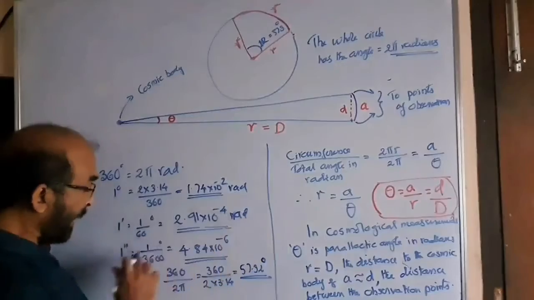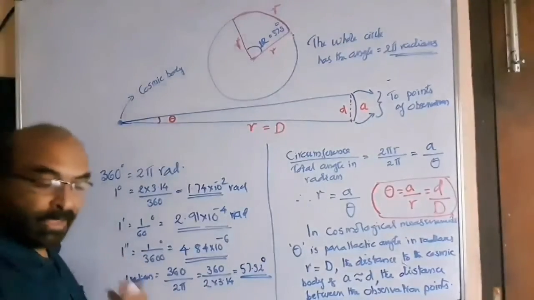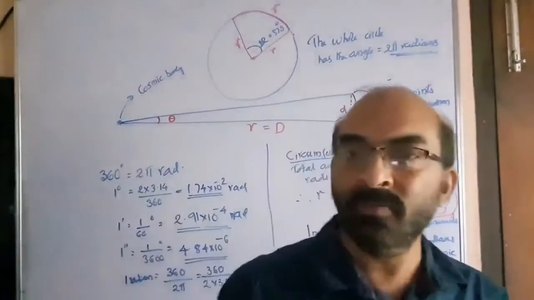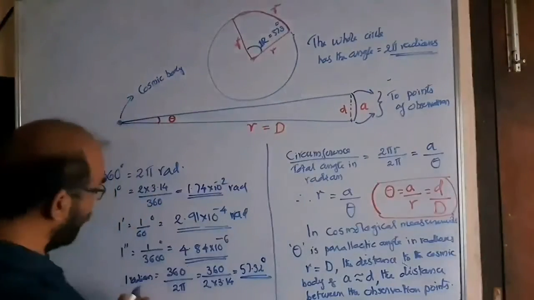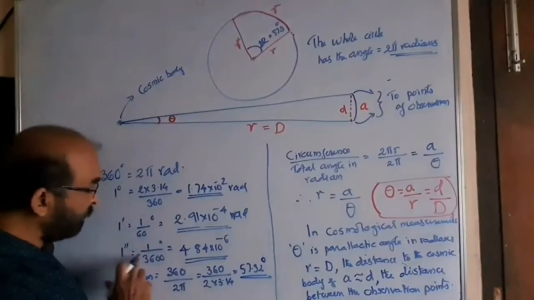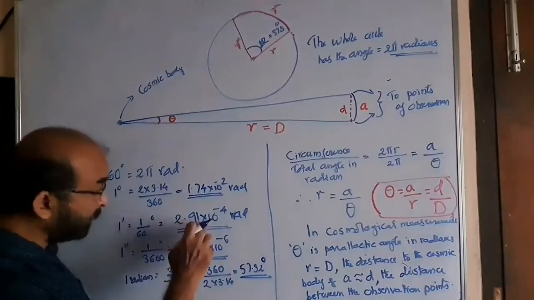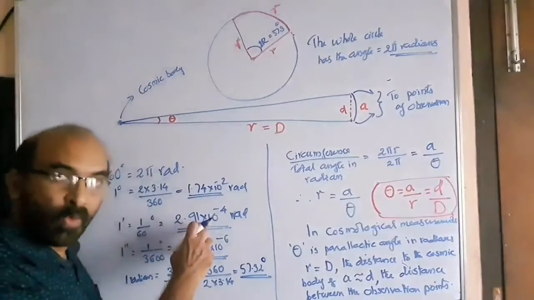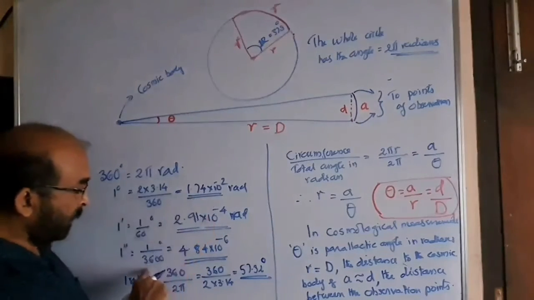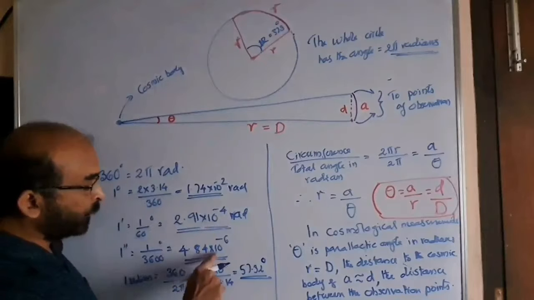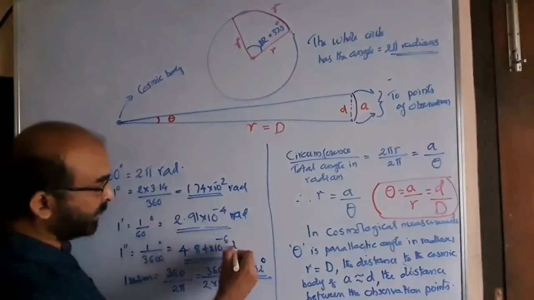Okay. And 1 second, like time, angle is also divided into minute and second. So a second will be this divided by 60 or this divided by 3600. Both are same. So we get 4.84 into 10 to the power of minus 6 radian.